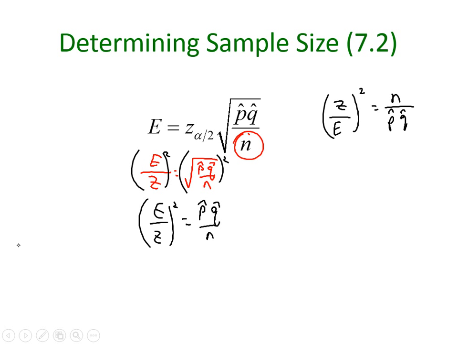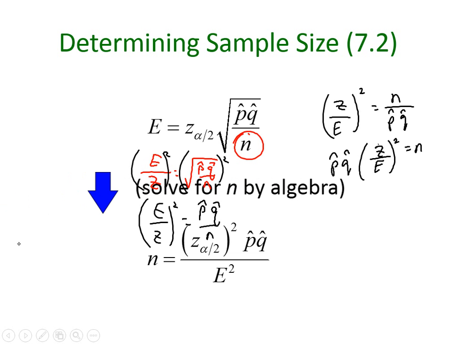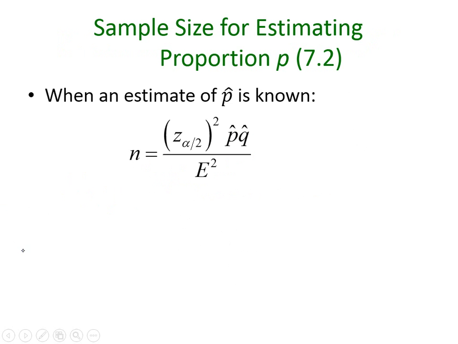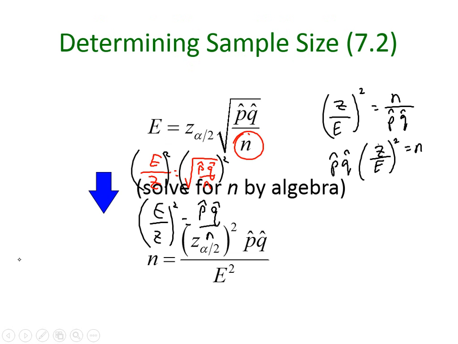So now what? Okay, so we'll have p hat q hat times my z over e quantity squared equals n. Is that the way they end up writing it? Yeah.